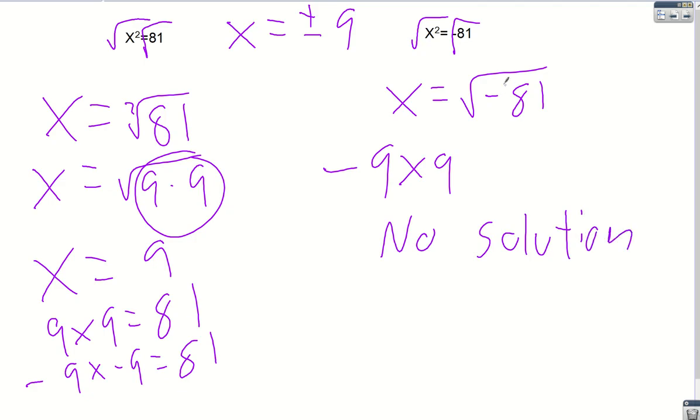Later in your math career, you'll learn that this negative inside a radical is an imaginary number. Now, a little more complex: you have to do extra math to get to the x squared. All I'm going to do is subtract 17 from both sides. These are going to cancel.